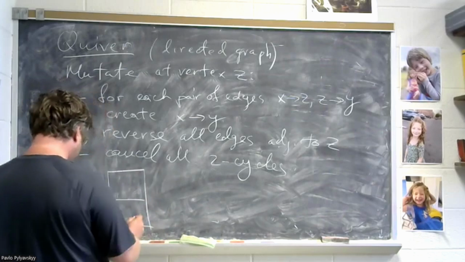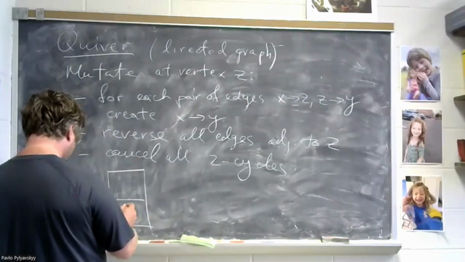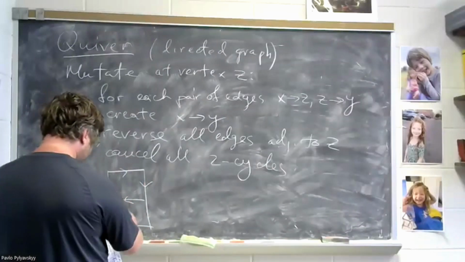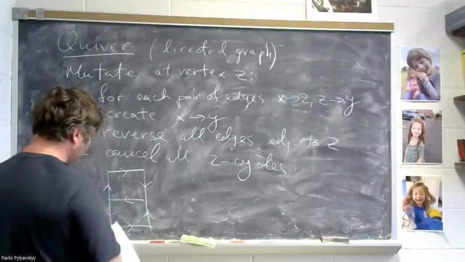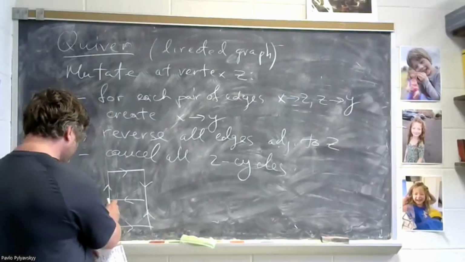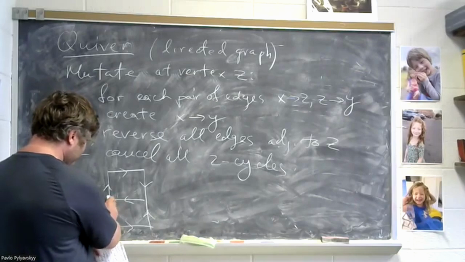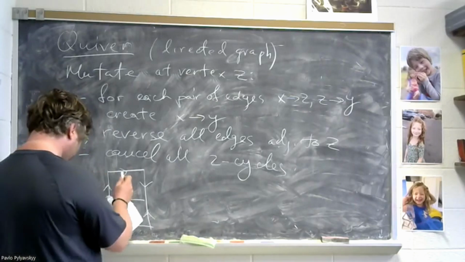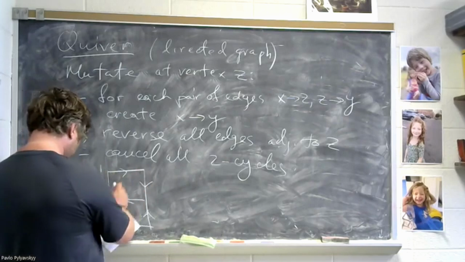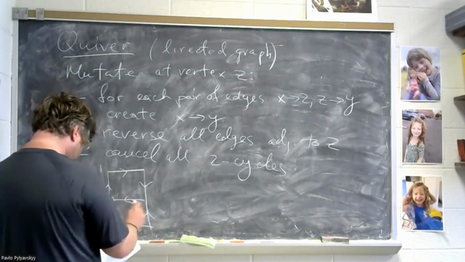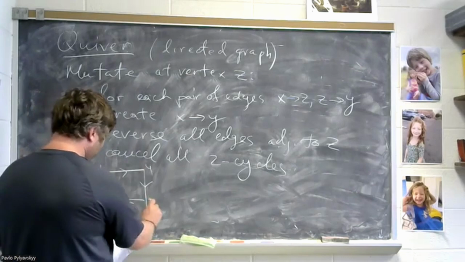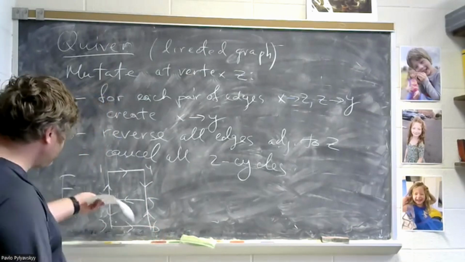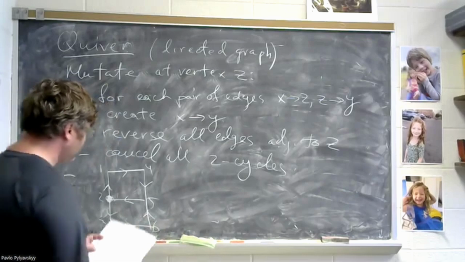Let's start with this keyword over here, oriented so that there's little oriented squares. And now let's say I want to mutate it at this vertex over here. Maybe I'll give them names like 1, 2, 3, 4, 5, 6, just as names of vertices. Okay, so I want to mutate at vertex 2.